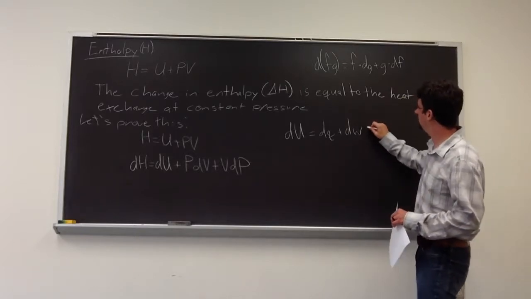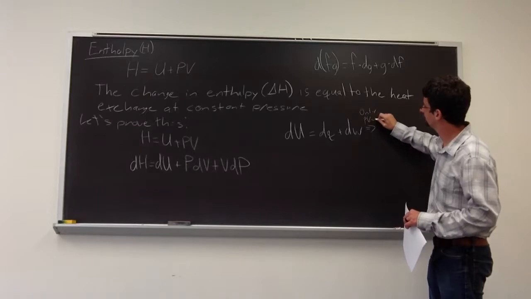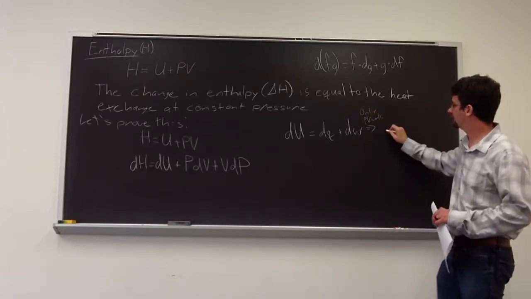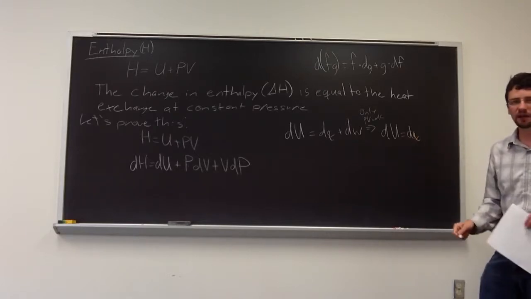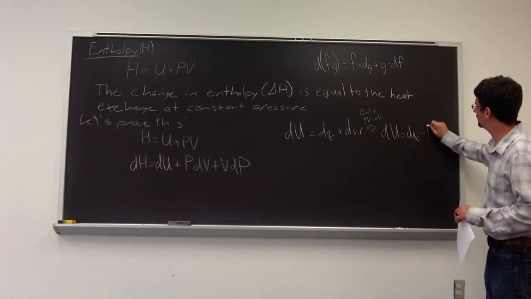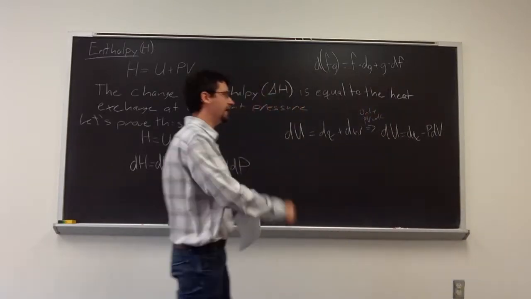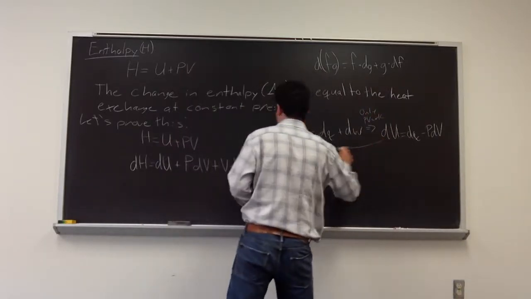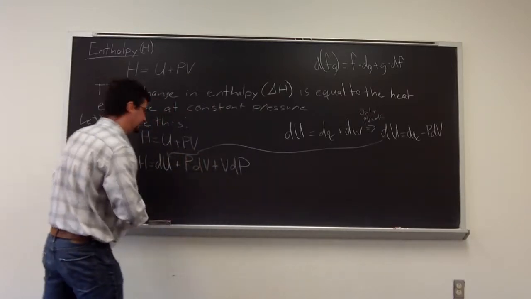If there's only PV work, then dU becomes dq plus dw, where dw goes to negative P dV. Now we have something that can be used. Let's substitute that into this equation and see what we get.